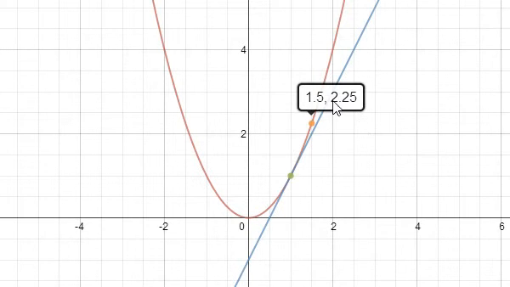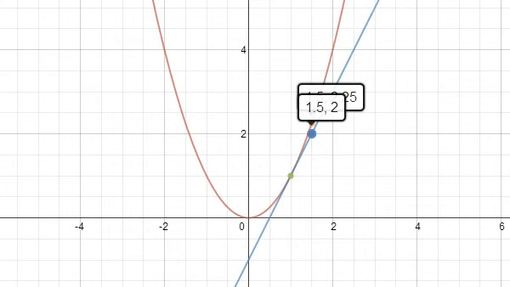So this time x is 1.5, and as you can see, y here is 2.25, and we have 2, and this is the point on the tangent line. So the difference between these two is going to be 0.25. You can see this approximation is getting better, because the difference in the two y values is getting smaller.